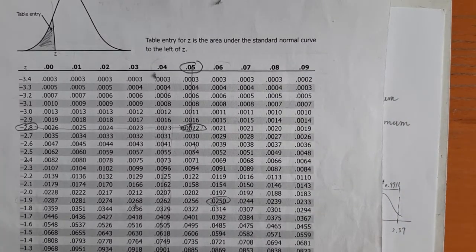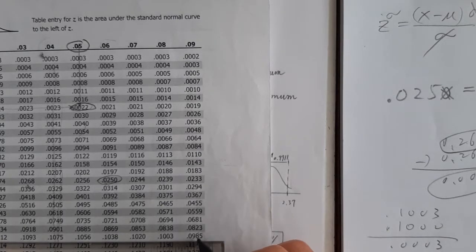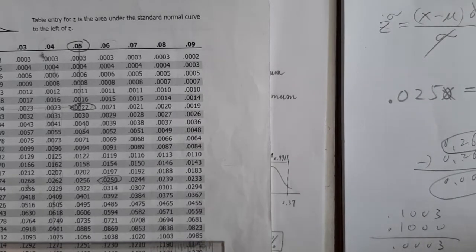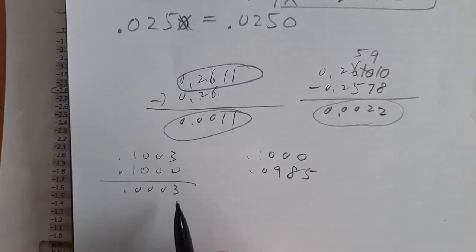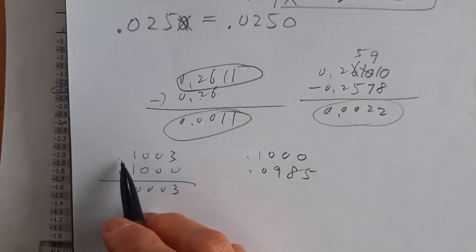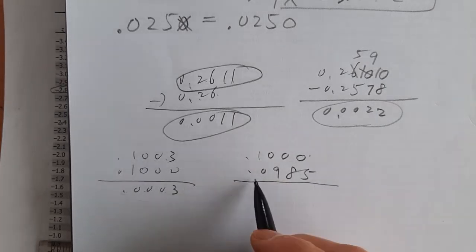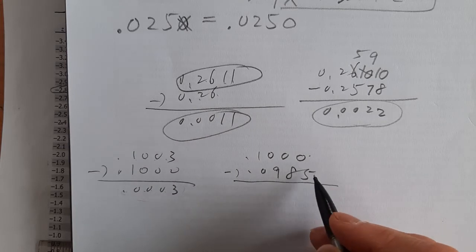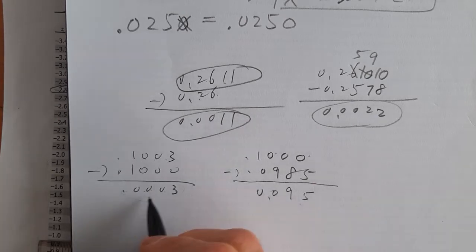It's between the two values. 0.10 is away from 0.1003 by 0.0003, and it is away from 0.0985 by 0.0015.